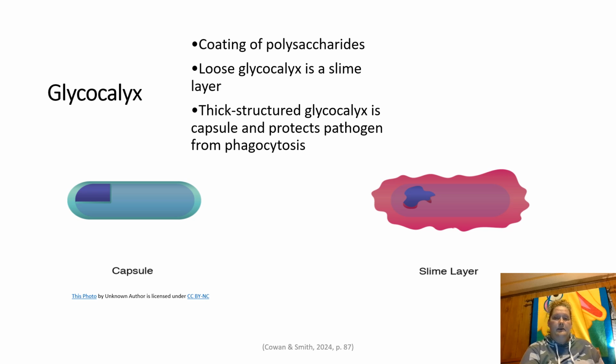It is more susceptible to being eliminated by antimicrobial drugs, antibiotics, easily washed off. But the capsule, the thick structure glycocalyx, is kind of like armor. It protects the pathogen from phagocytosis or being killed. It's less susceptible, less penetrable, because of that protective layer on it, kind of like the outside of a coconut.